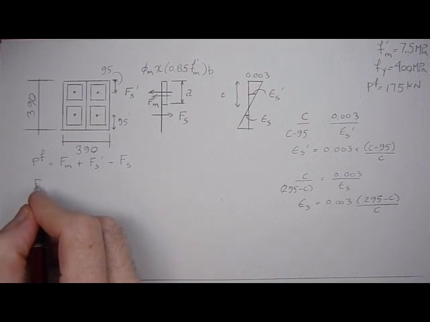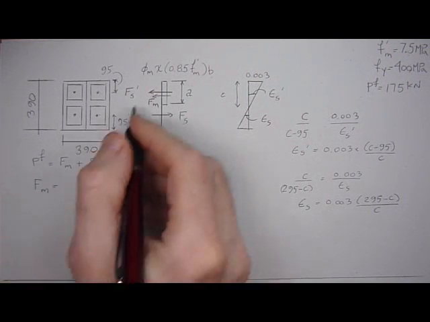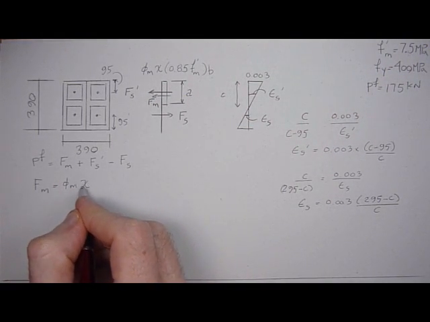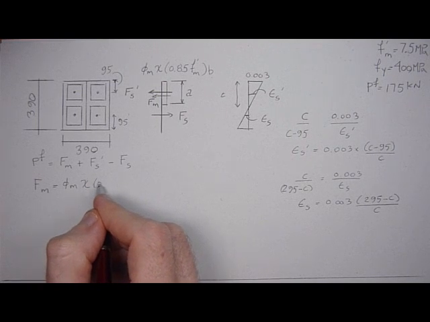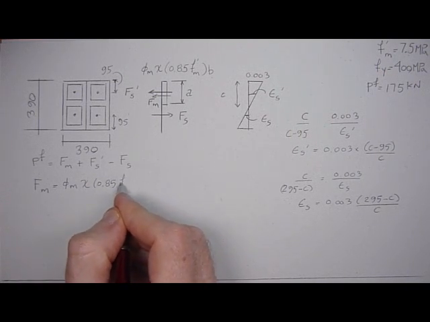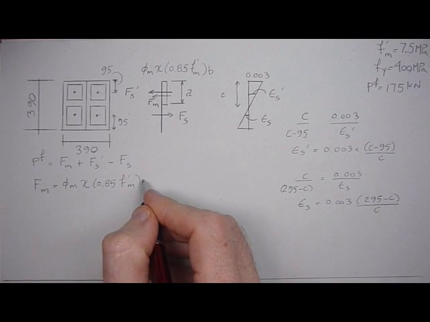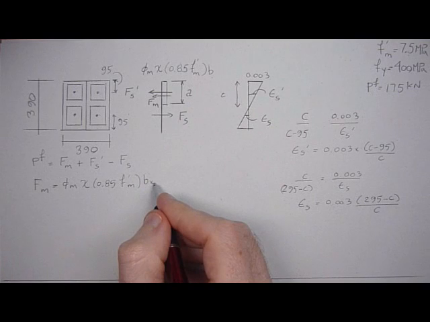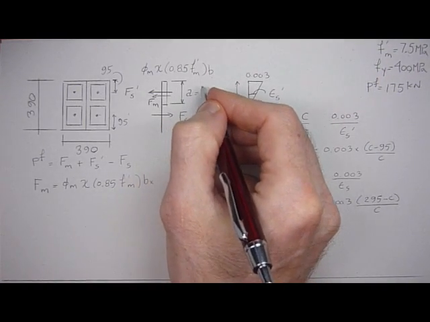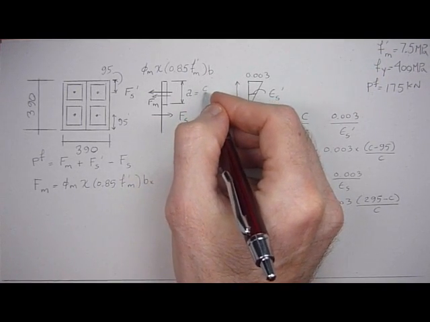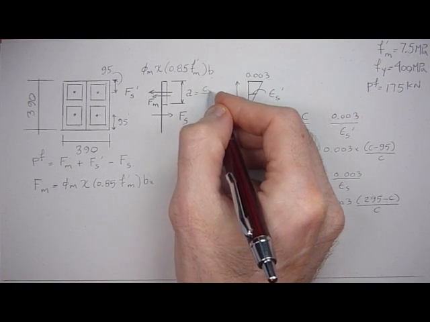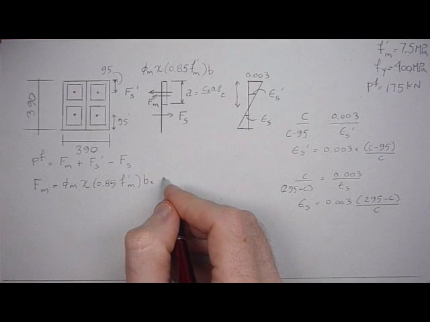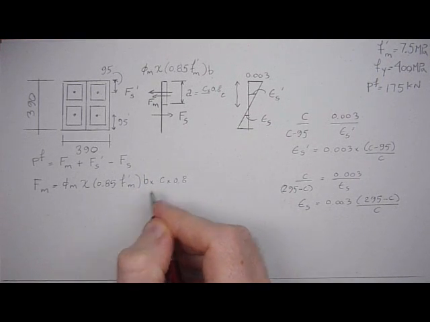We'll say force in the masonry is equal to the stress block, really, phi m times 0.85 f prime m b times a, and a is equal to C times 0.8.